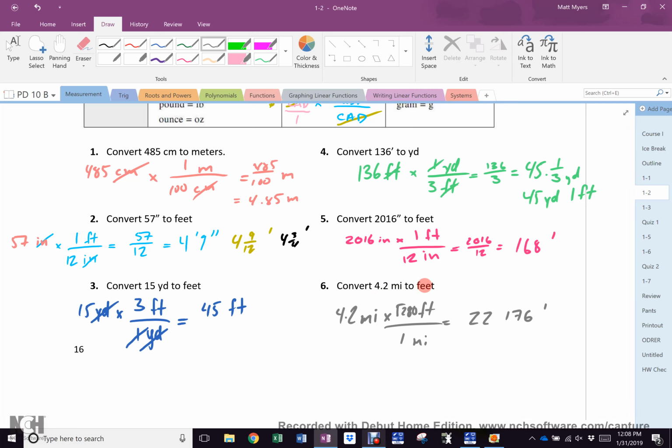So therefore my answer must be very large. Does everybody understand? If I was going feet to miles, there are not many miles in the feet. So the number would be very small. Estimate before you start going to your calculator, because then if your calculator gives you a stupid answer, you won't write it down, will you?